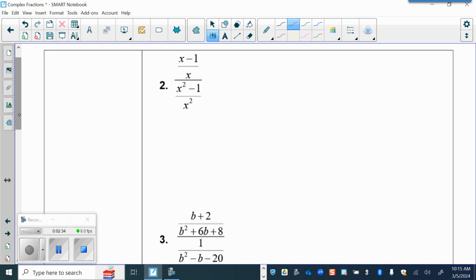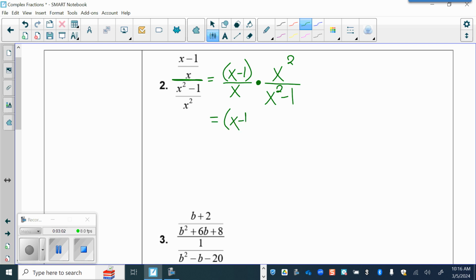Alrighty, I have a single fraction on top and a single fraction on the bottom. So I'm ready to go to keep, change, flip. I'm going to have x minus 1 divided by x. Change this division to multiplication. Flip the second fraction over. Okay, this time I need to factor.